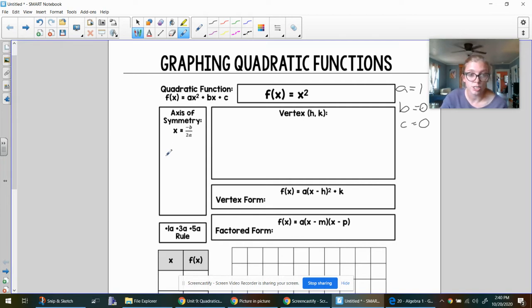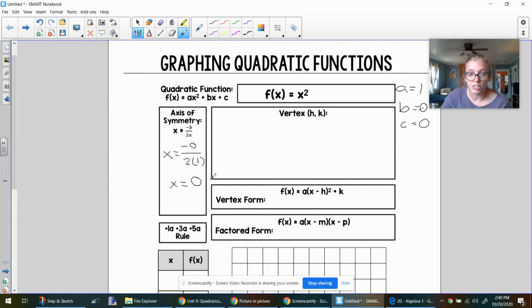So we're going to use that equation, and in this case, b is 0, so we have negative 0 over 2 times 1, because a is 1. Well, 0 divided by anything is 0. So we know that this graph is symmetric around the line x equals 0. So that is our axis of symmetry.